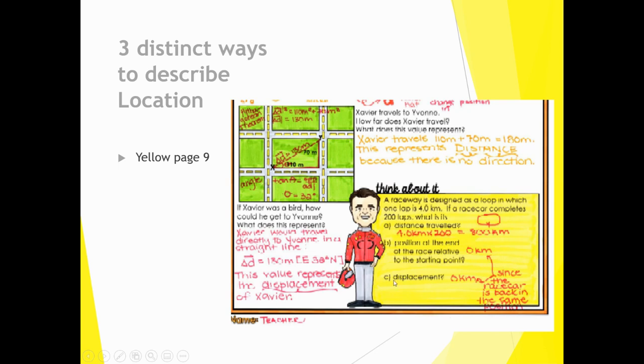And his displacement is also 0 because he's back in the same place. So again, pause the video, copy what you need to, and you really don't need to worry about the angles and this whole Pythagorean theorem calculation.